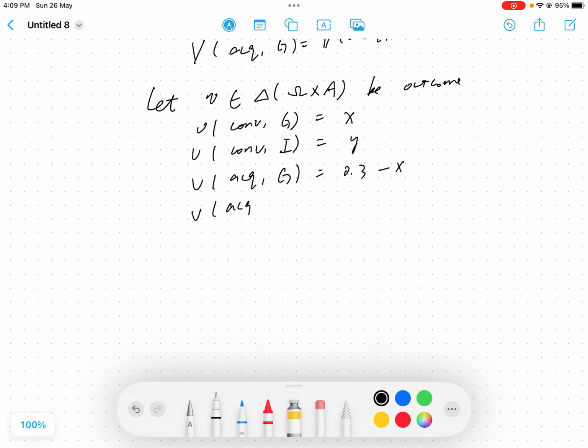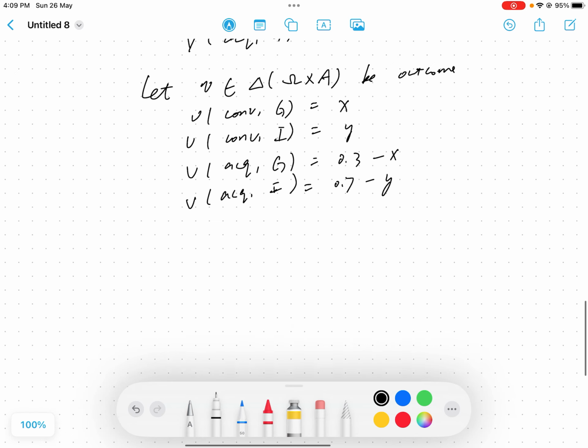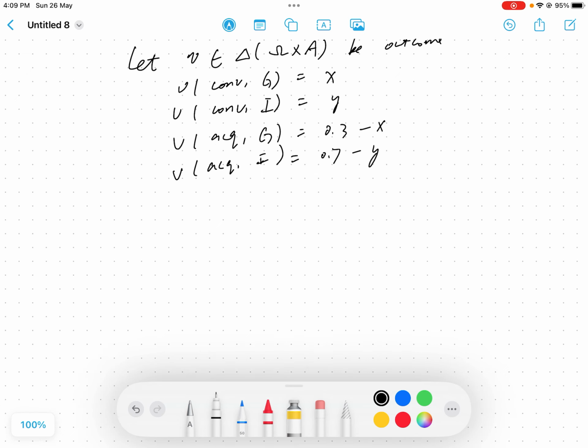Similarly, acquit I is 0.7 minus y. So namely, our x and y should be between those reasonable intervals. All right, so that's the setup for us to start to solve this linear programming problem.